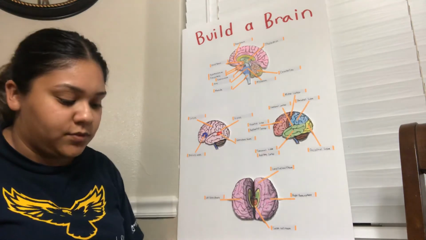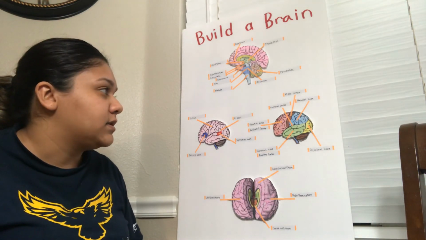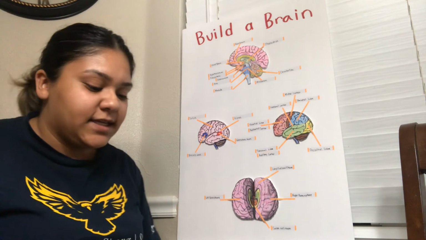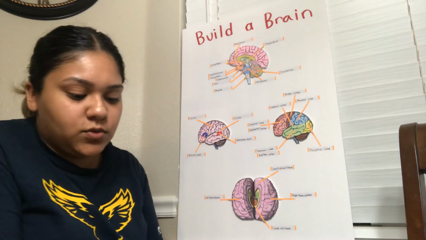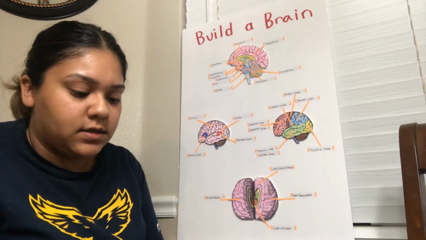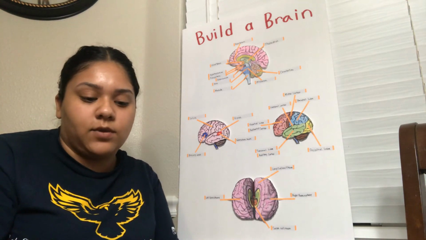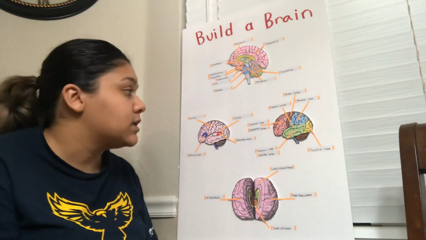And the next one is the parietal lobe. Okay, and its function is the sensational part of the brain and reacts to your environment.